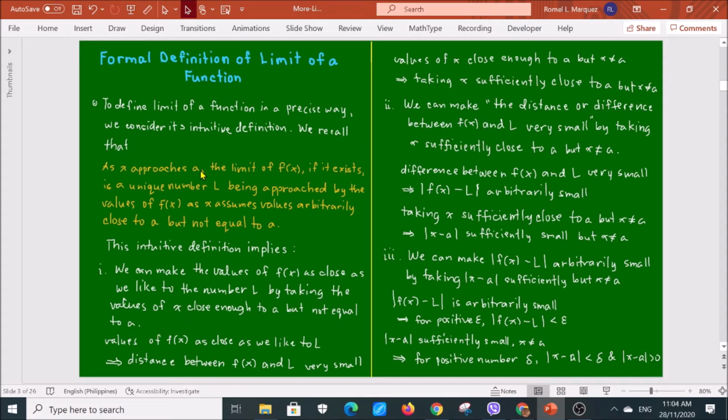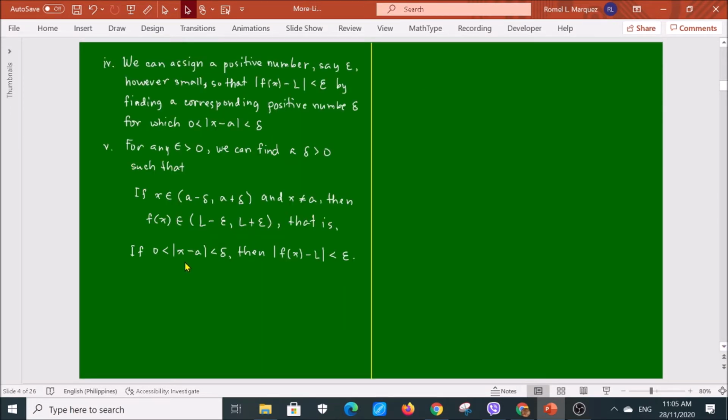As x approaches a, the limit of f of x, if it exists, is a unique number L being approached by the values of f of x, as x assumes values arbitrarily close to a but not equal to a. So it means if the absolute value of x minus a is between 0 and delta, then the absolute value of f of x minus L is less than epsilon.